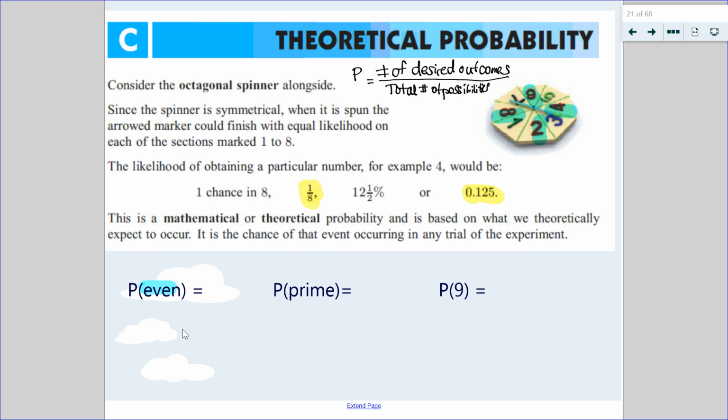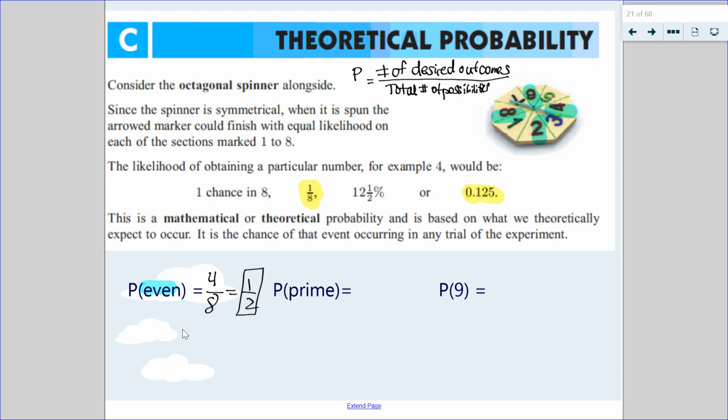So the number of desired outcomes, we have 4 evens, over a total number of outcomes, 8. So the probability of an even is 1/2, or 50%, or 0.5, or 4 chances in 8. So that's our probability of even.